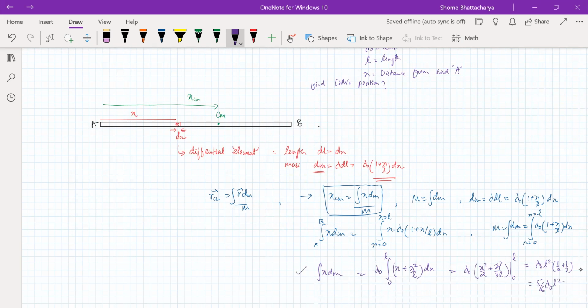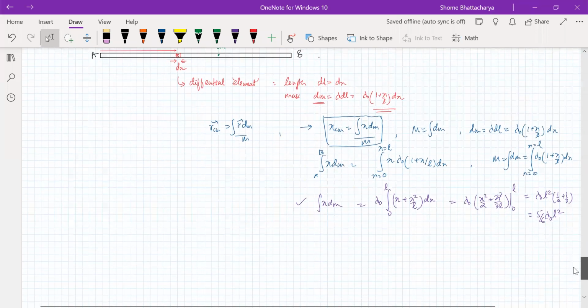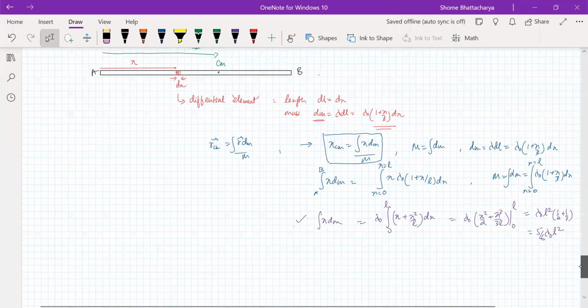That is the numerator term. Now the second term, the denominator, the total mass, let's see what that is.